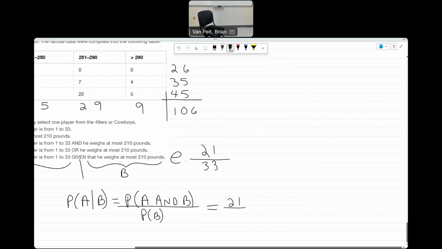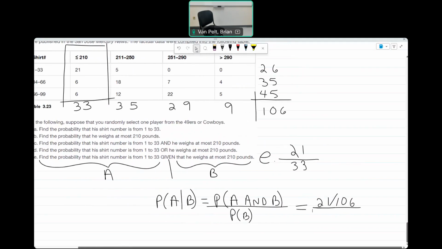And that was 21 out of 106. And the B was over there. At most 210 pounds is this 33. And then when you put the bottom denominator, you'll notice that the 106s cancel out.